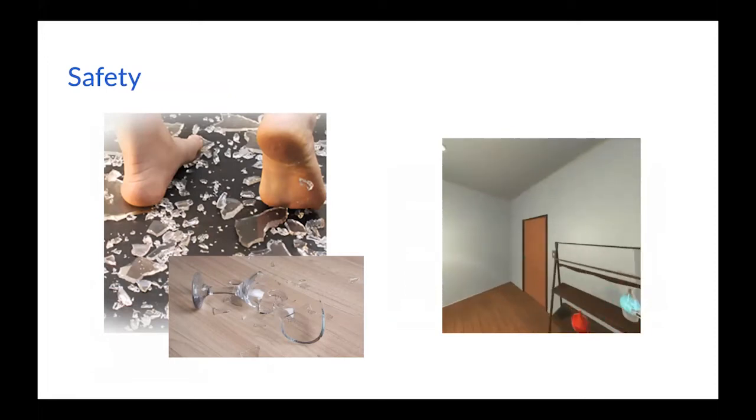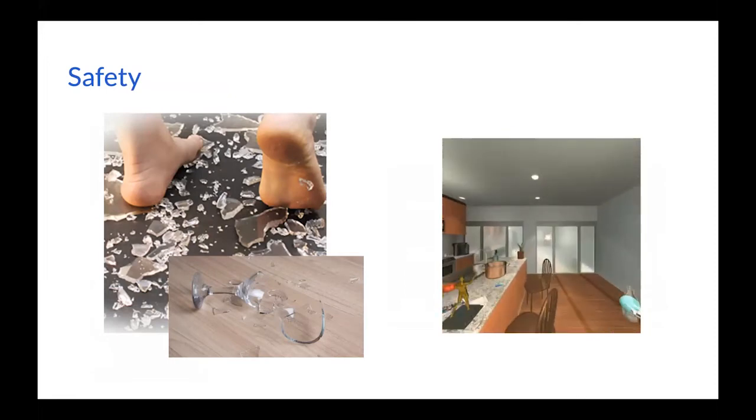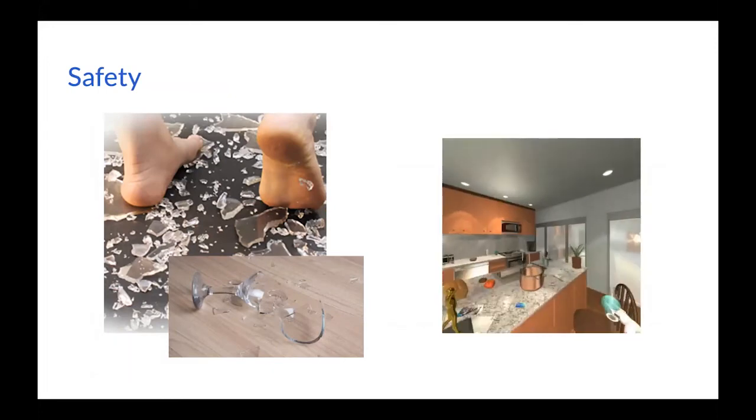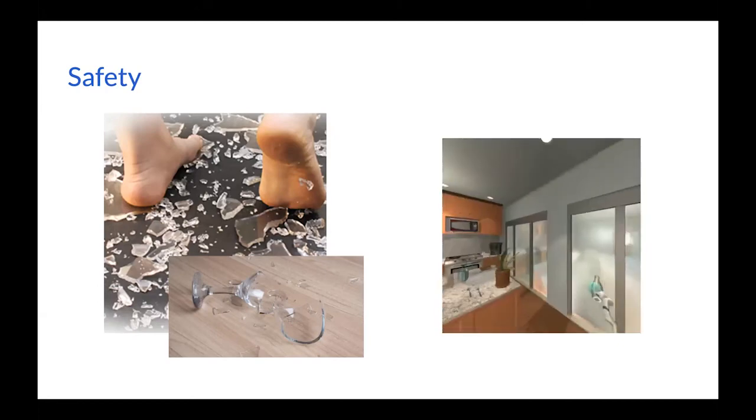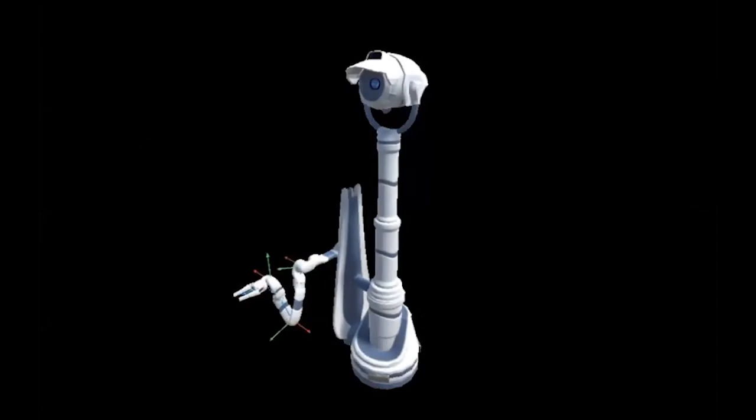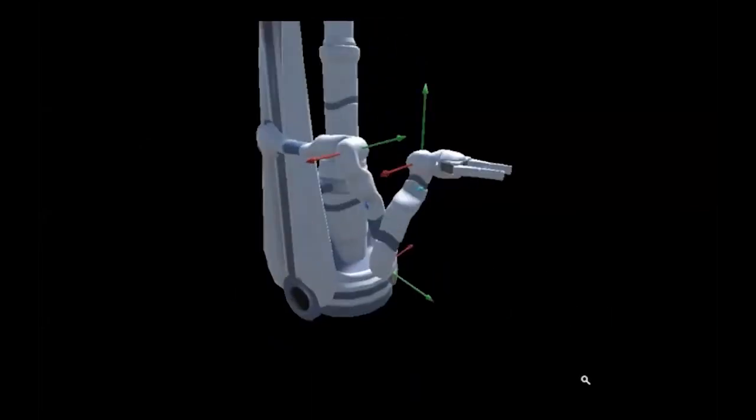For example, here the robot picks up a glass bottle by mistake, it drops it on the chair, and the bottle breaks, but we can easily rewind this and continue our training without any consequence.